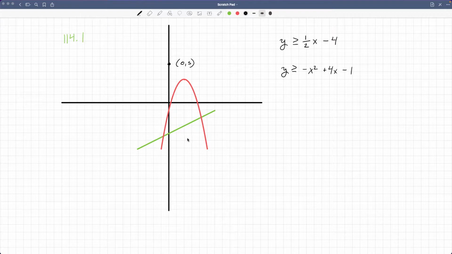So we see with our line that it crosses the y-axis at negative 4, and we have a positive slope of 1/2. And with the parabola, we have a negative, so it opens downward. And we have a negative 1, which is where it intercepts the y-axis.